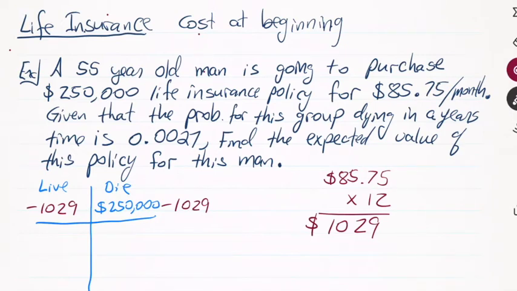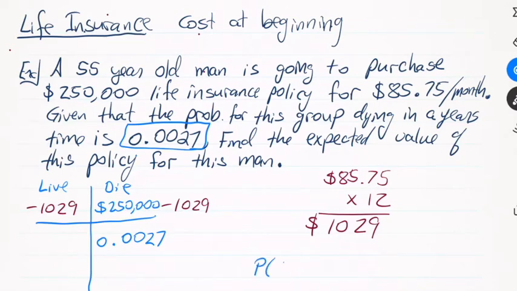All right. Then the next row is going to be the probability of living and the probability of dying. Well, the probability of dying is this decimal number. If it was given as a percent, you'd still have to change it into a decimal. But it's already given as a decimal, so I'm going to leave it alone: 0.0027. Then my question becomes, what's the probability of him living? Well, if the probability of his dying is 0.0027, then living is its complement, because if you're not dead, then you must be alive.